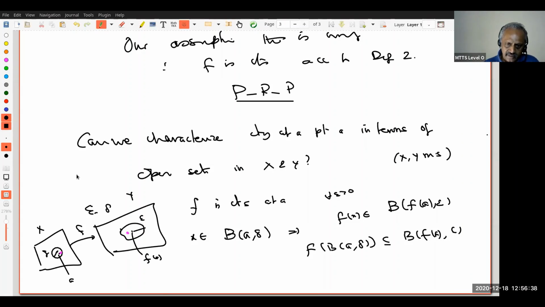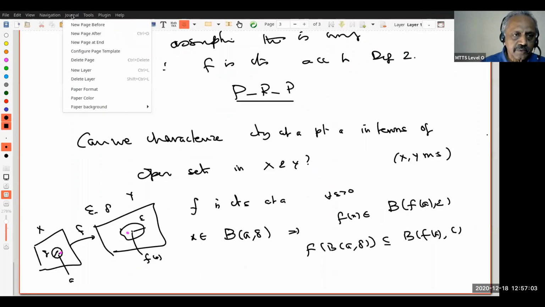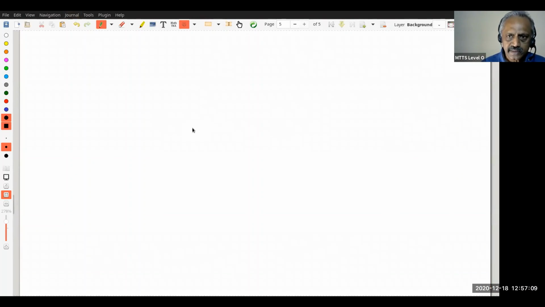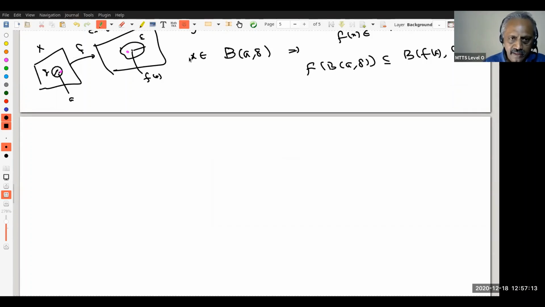So what does it suggest? If V is an open set in Y containing f(a), I should be able to find an open set U in X such that for every x in U, f(x) belongs to V. Suppose I take V equal to B(f(a), epsilon).